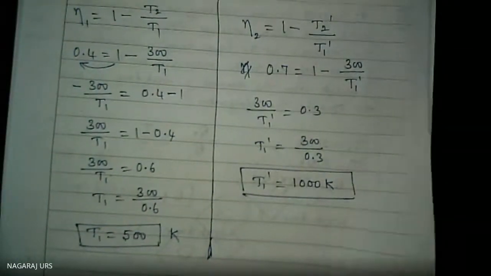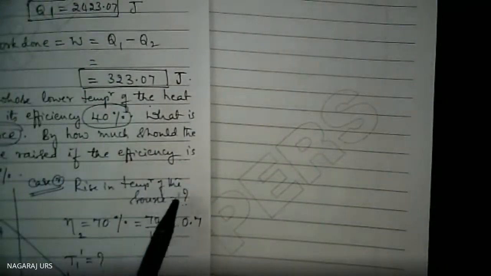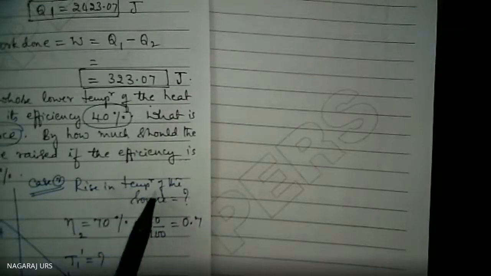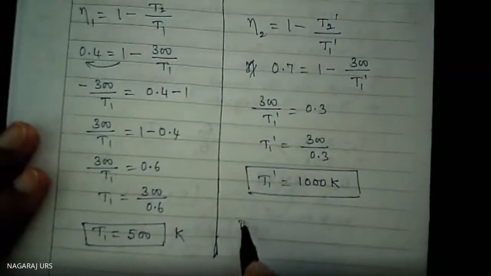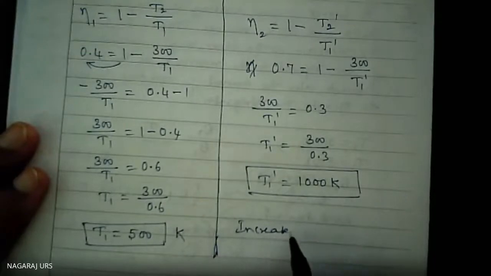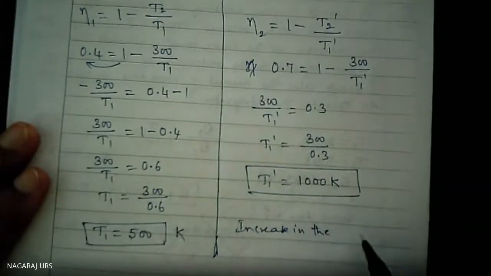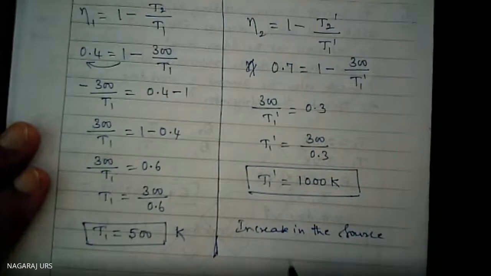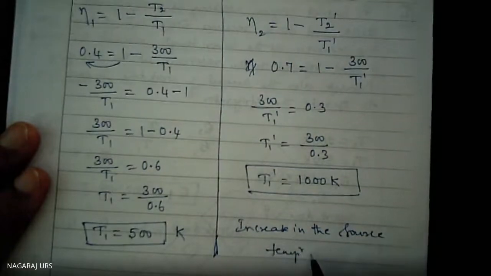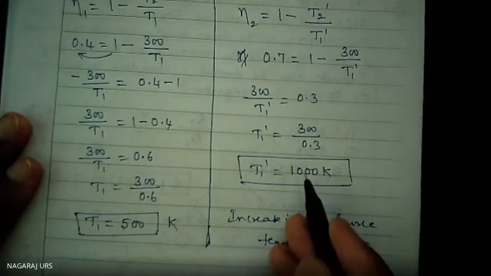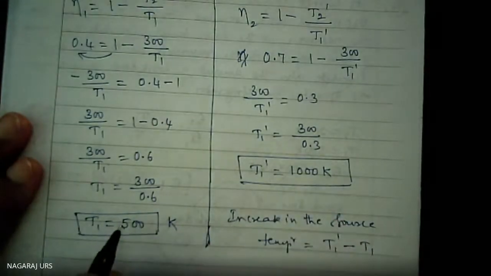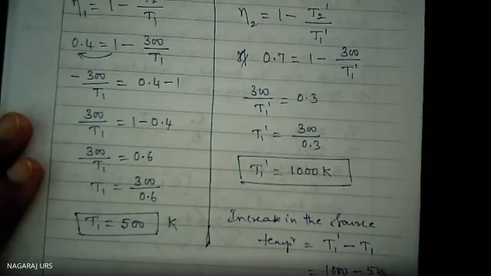Now, not only this, we want to calculate what is that? A rise in the source temperature. Increase in the source temperature is equal to T1 dash minus T1. New temperature, old temperature. That is 1000 minus 500.